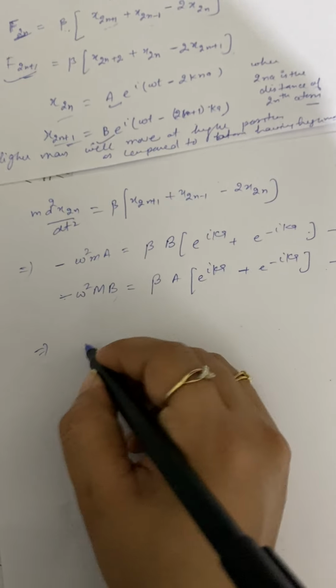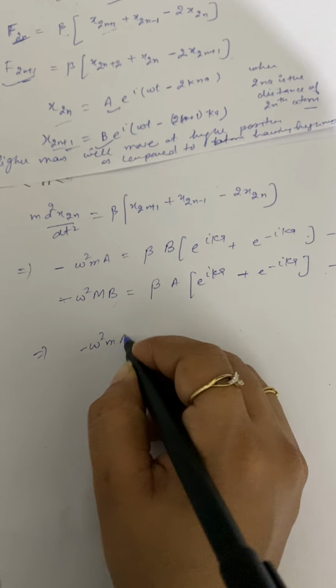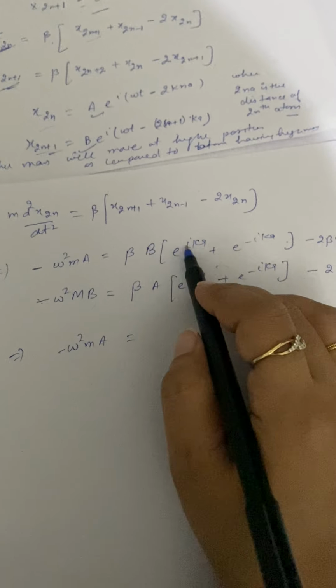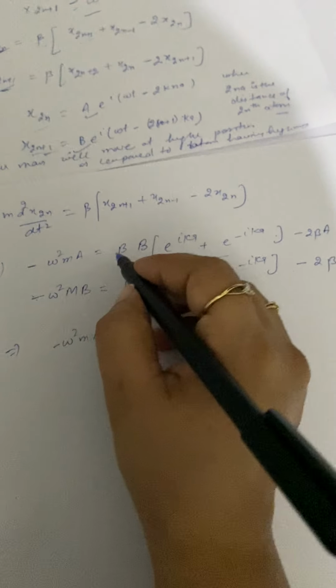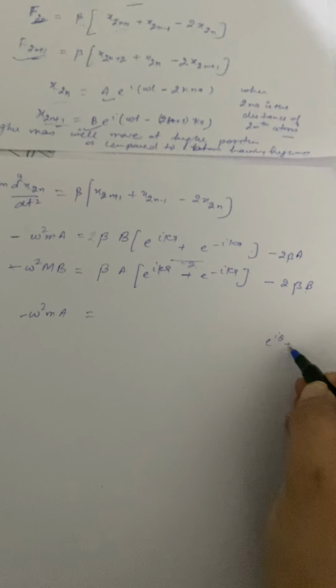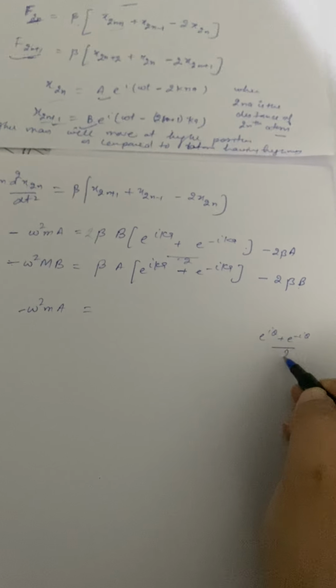So if I multiply and divide this equation by 2, then this term will become e raised to power iota theta plus e raised to power minus iota theta divided by 2.